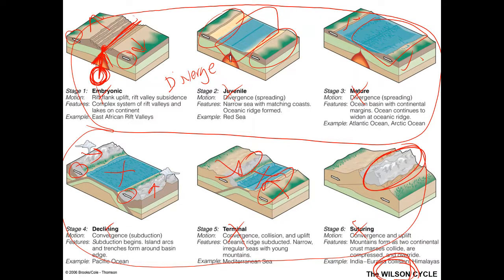So you go from water filling in the bathtub to water being pushed from the highest mountains. And where would you find the water in this picture? On either side of what we call a continent, but really it's on either side of a plate. And that's how the Wilson cycle works. Divergence 1 through 3 and convergence 4 through 6.